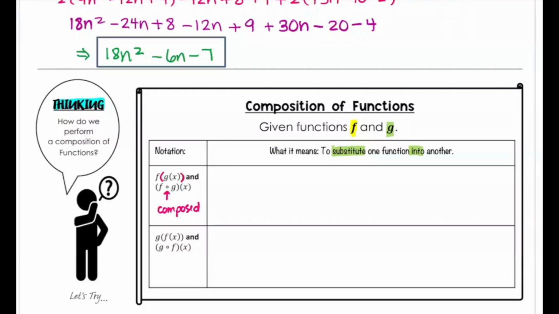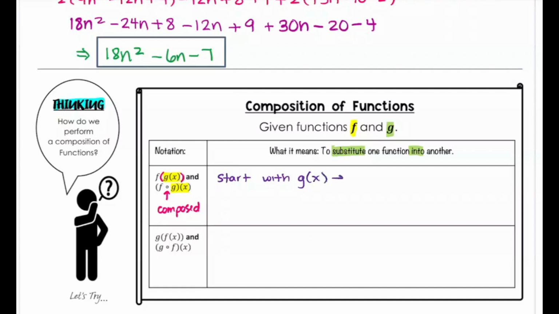So when you are given questions like this, you have to identify what you are starting with. And you are always going to start with the innermost function or the function that is closest to the input. So in this case, we start with the g of x function.